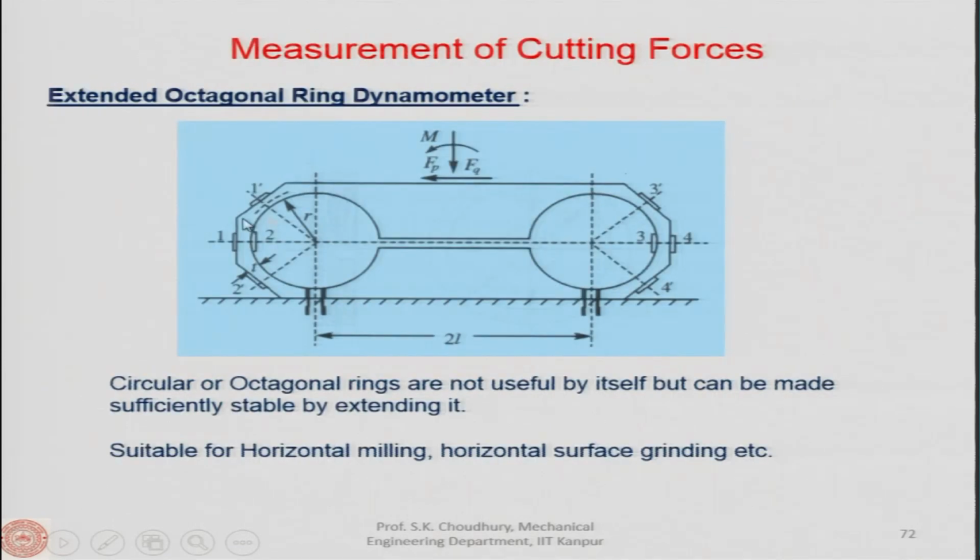Okay. So, in the extended octagon also this will be at a 50-degree angle, because the principle is the same, and 1 prime, 2 prime, 3 prime and 4 prime, these sensors will sense the tangential force, let us say this may be Fp. So, Fp is sensed by 1 prime, 2 prime, 3 prime and 4 prime, and Fq, which is the thrust, is sensed by 1, 2, 3 and 4.